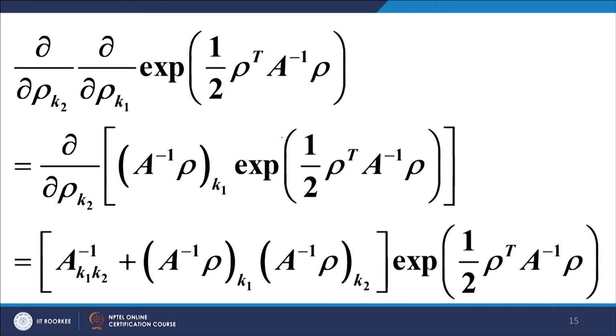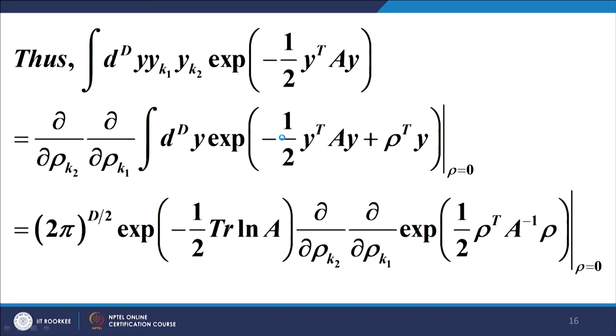Therefore, when you put rho equal to 0, what happens? These coefficients survive. This rho equal to 0 gives me 1 because it is in the exponent. So, the exponent being 0, this gives me 1. These become 0, and this particular term, the A inverse k1 k2 survives.